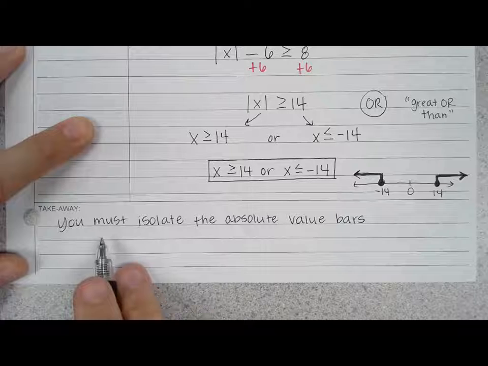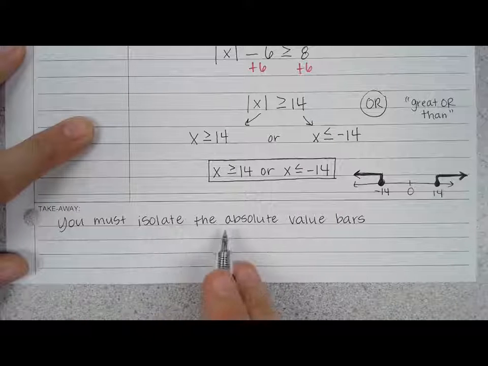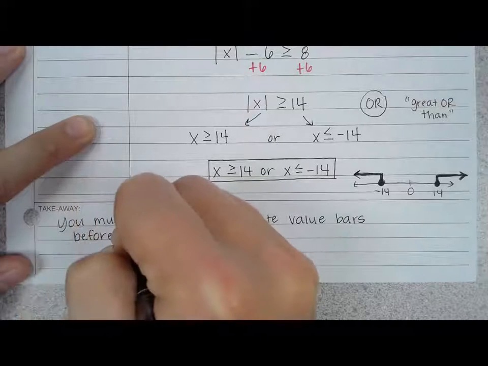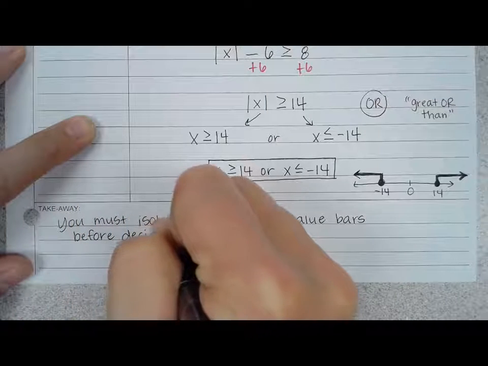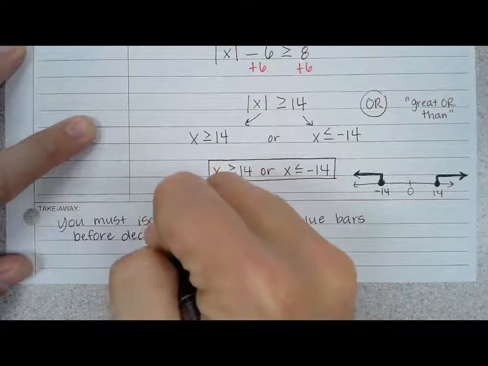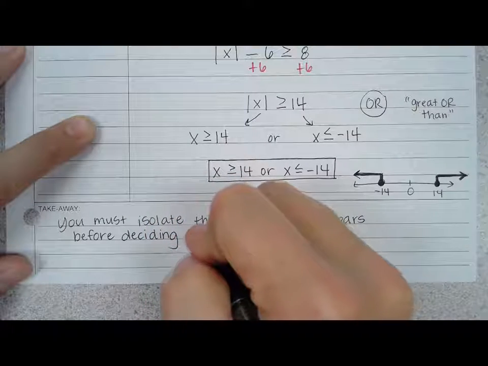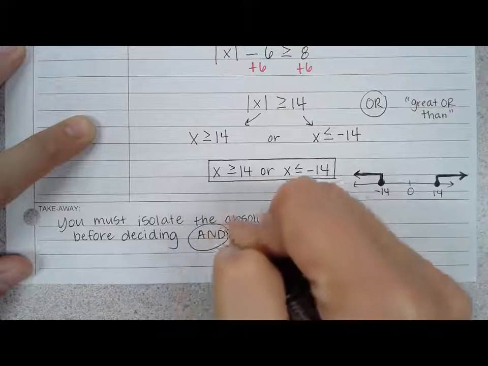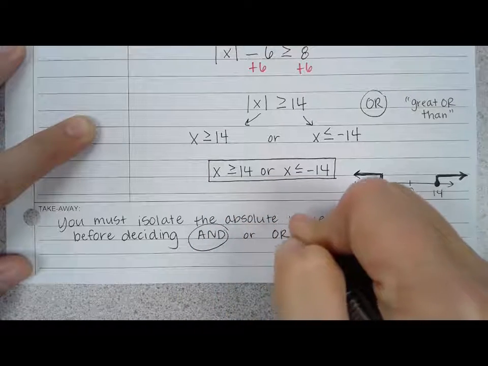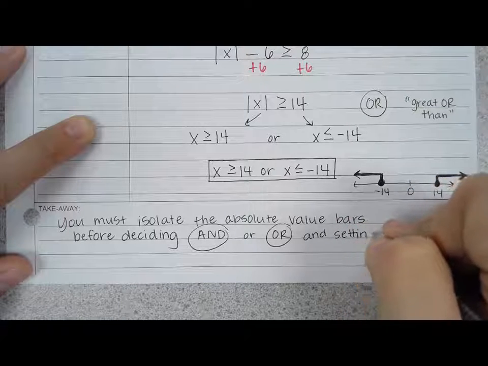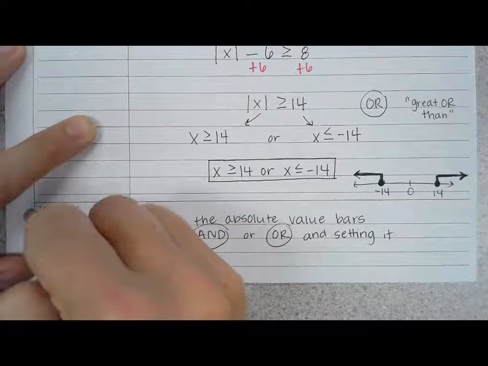So you have to isolate, or get all by itself, the part that's inside the bars before deciding whether it's going to be an and problem or an or problem, and setting it up and solving it accordingly.